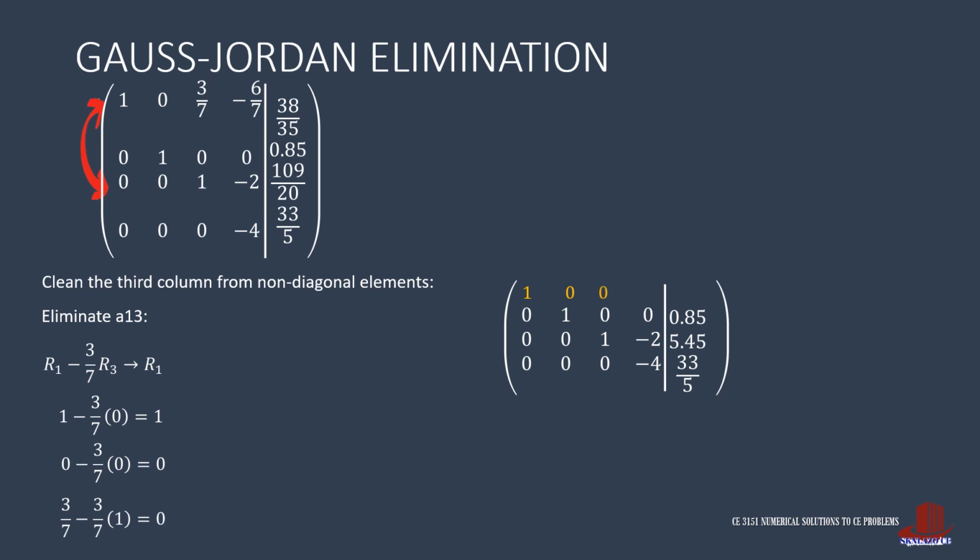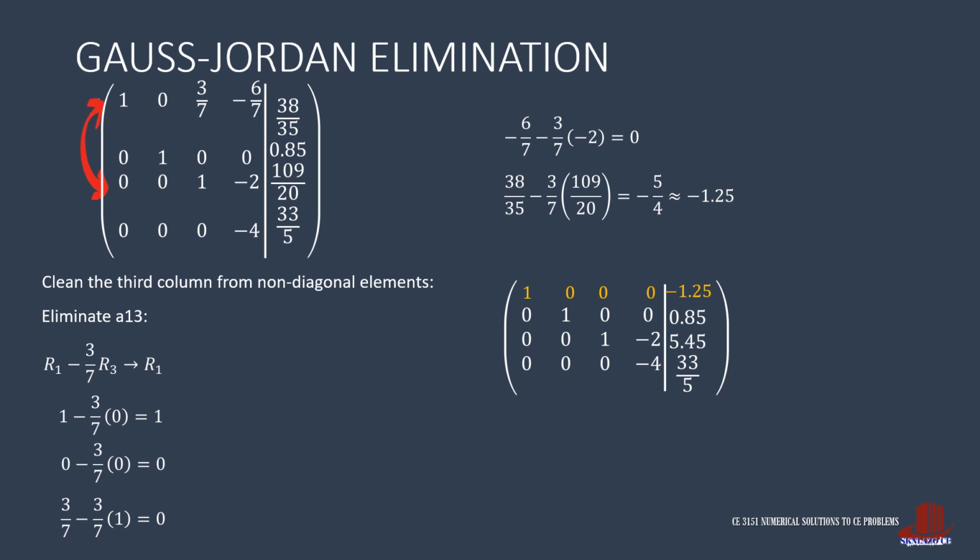The third element is 3/7 minus 3/7 of 1 as 0. Then negative 6/7 minus 3/7 of negative 2 to get 0 again. The constants elements have 38 over 35 minus 3/7 of 109 over 20, giving negative 5/4 or negative 1.25.